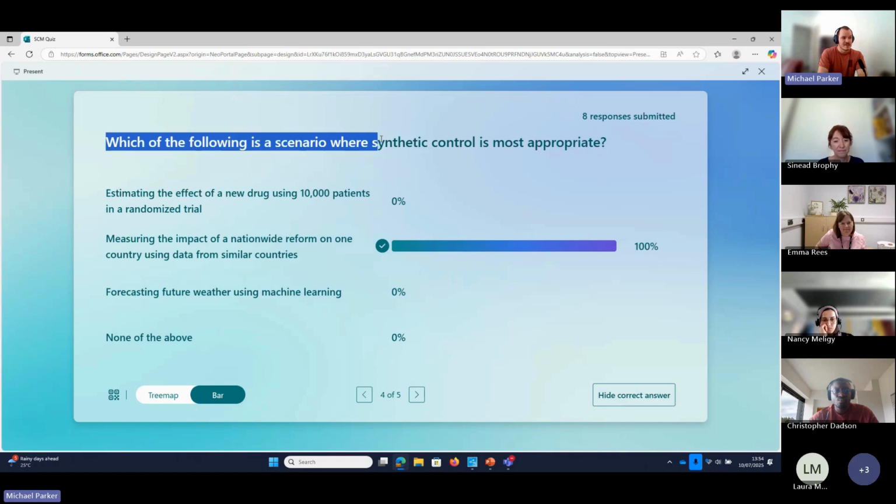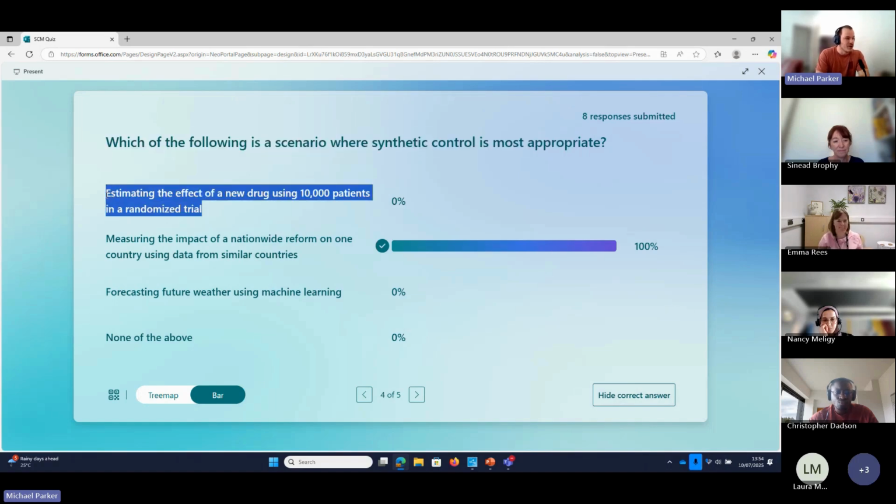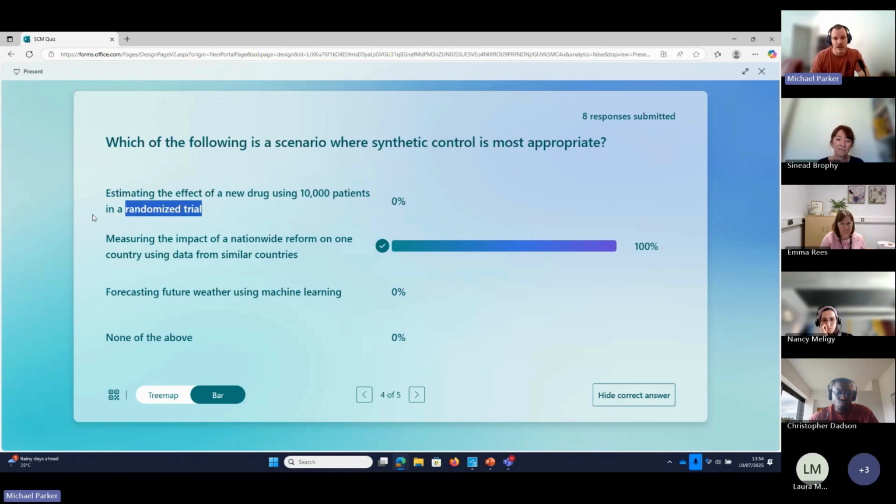Which of the following is a scenario where the synthetic control is most appropriate? So 100% have put one answer, and I forgot to hide it from the previous slide. Estimating the effect of a new drug using 10,000 patients in a randomized trial. So that is in a randomized trial. There's possibly ways you could conform this method in looking at drug implementation or effects, but it would require a lot of data management and handling, and not in a randomized controlled trial setting.